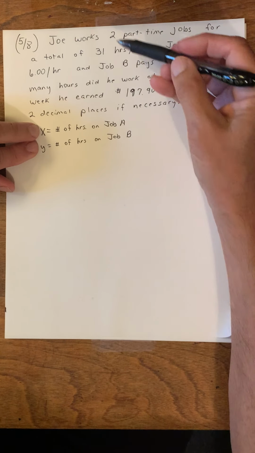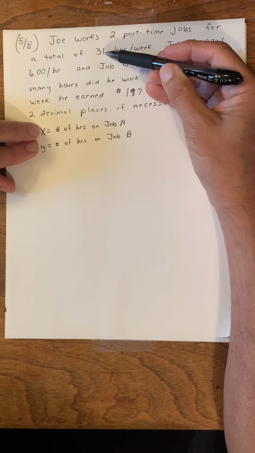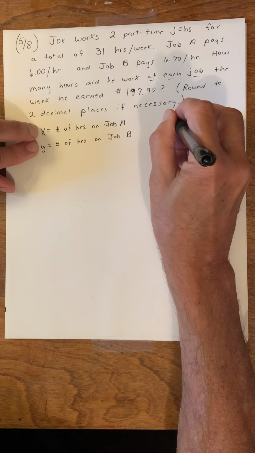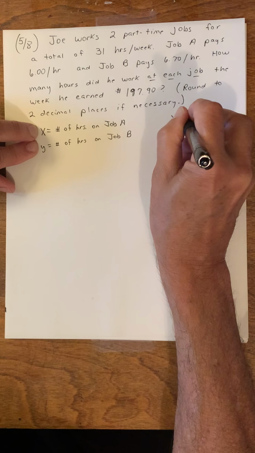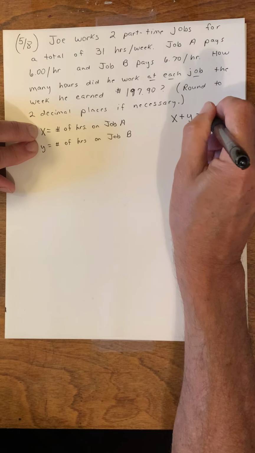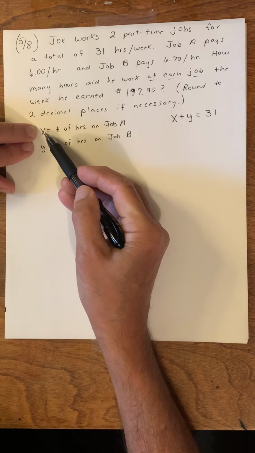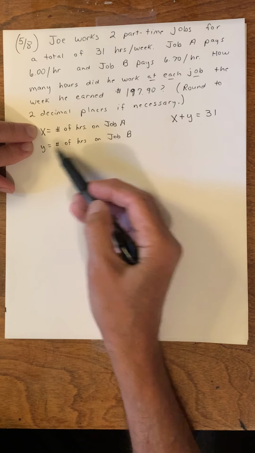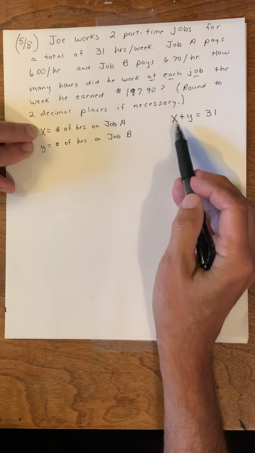This total is always 31. He always works 31 hours at the 2 jobs. So I can write my first equation. X plus Y is 31. The number of hours at this job plus the number of hours at the second job is always 31. My first equation.